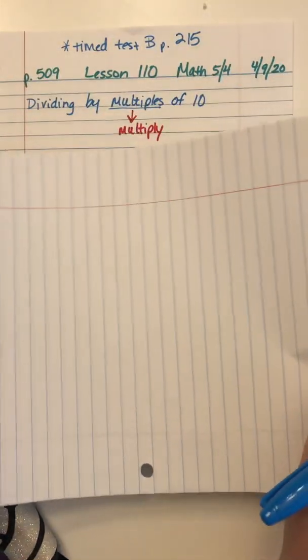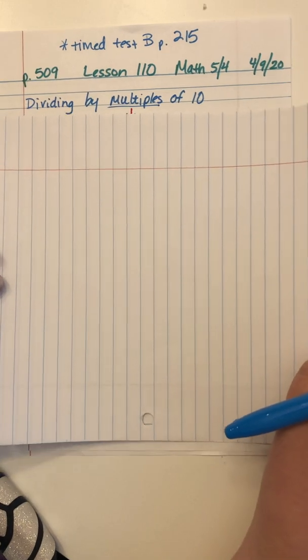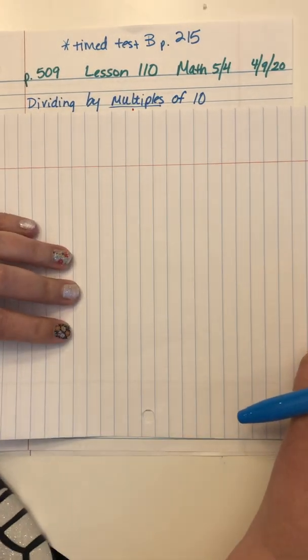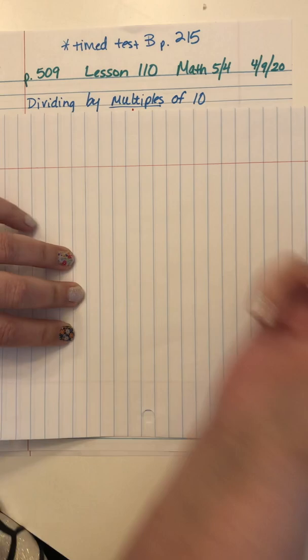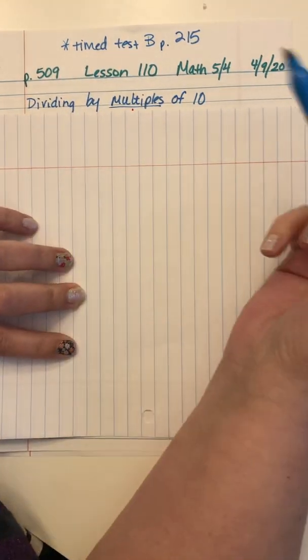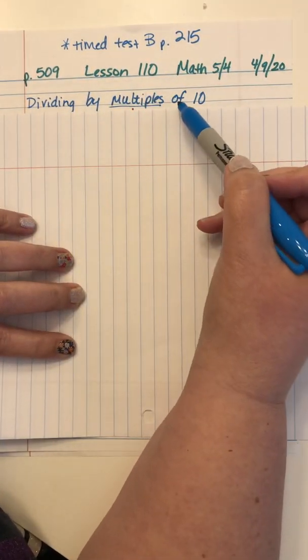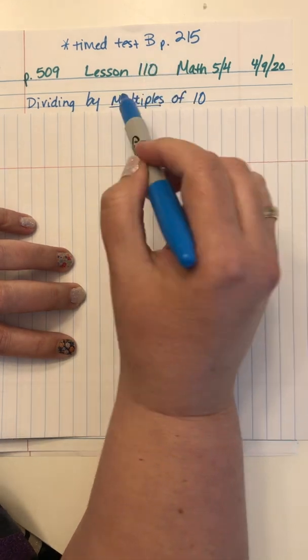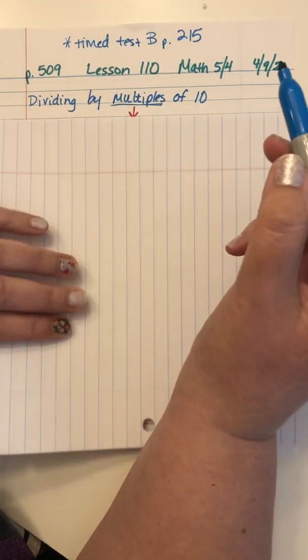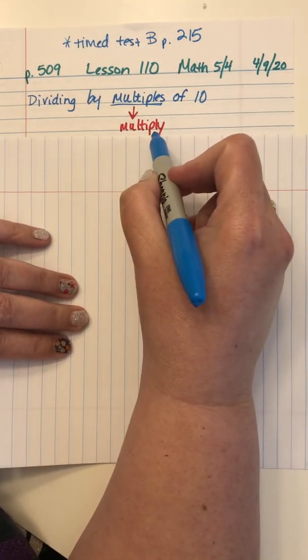So lesson 110 is dealing with dividing by multiples of 10. That's the title. So let's break that down. What does that mean? We are dividing, we know what that means, by multiples of 10. Remember, when we hear that word multiples, I always tell you to think of the word multiply.